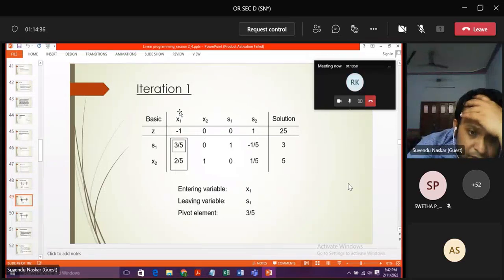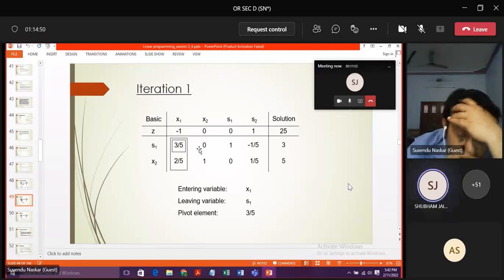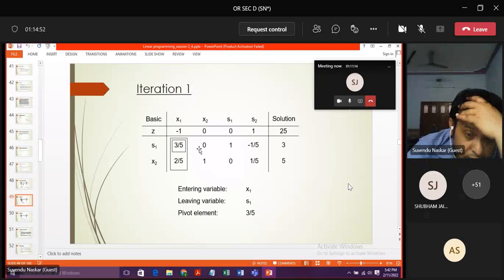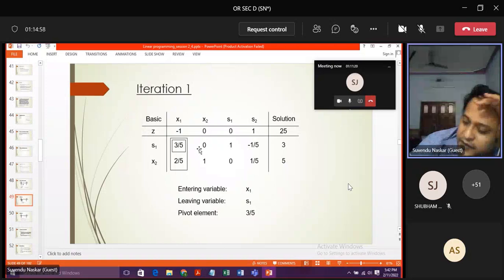Sir, S1 goes to 5 by 3 S1. Good. Next. Then it will be 1. Then Z equals Z plus S1. Good. X2 equals minus 2 by 5 S1 plus X2. Okay. Can you just do that and tell me the matrix elements and solutions. That's it.